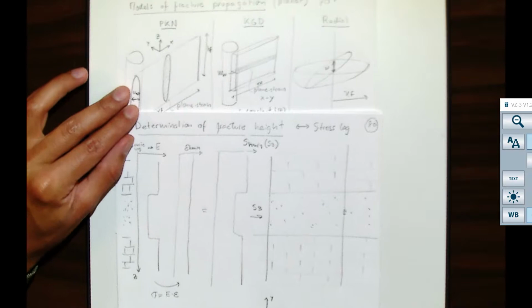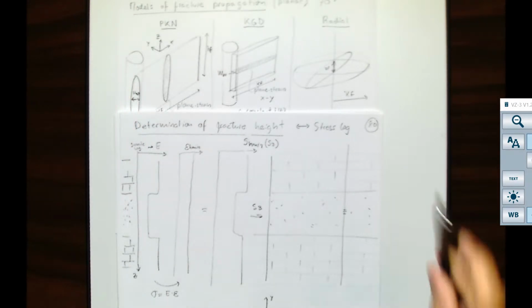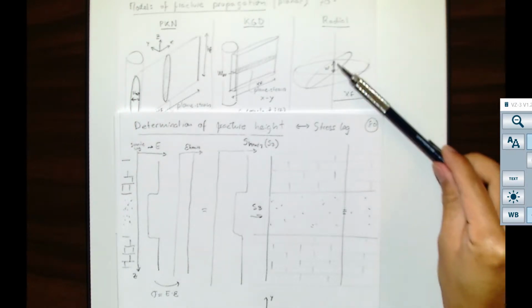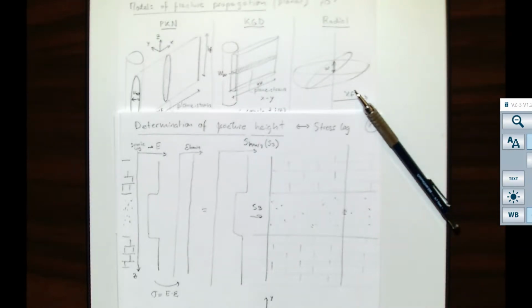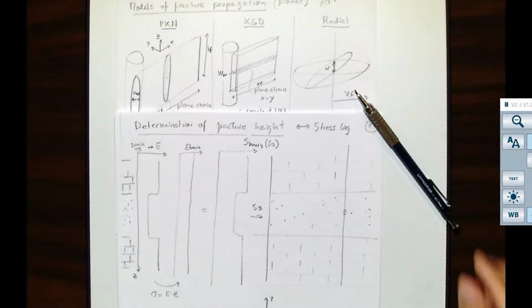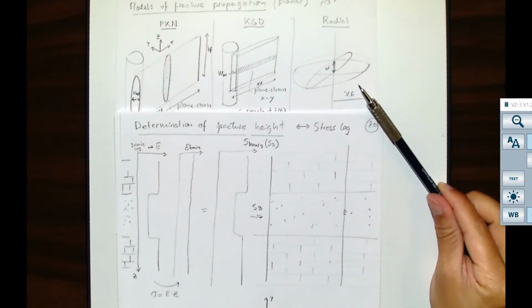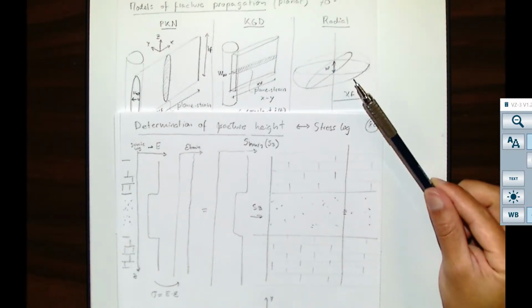Don't limit yourself to the radial geometry just based on this direction. It could be in any direction.